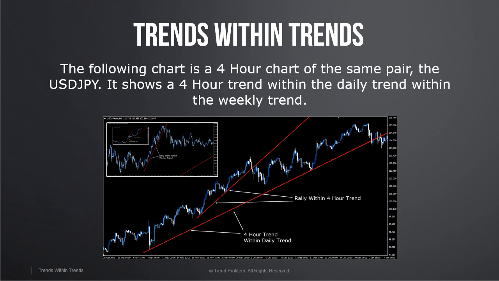This chart is a 4-hour chart of the same pair, the dollar yen. It shows a 4-hour trend. Okay, so you've got your 4-hour trend within the daily trend, within the weekly trend. So here's the 4-hour trend, and that's represented within here as far as being within the daily trend, which is in itself within the weekly trend.